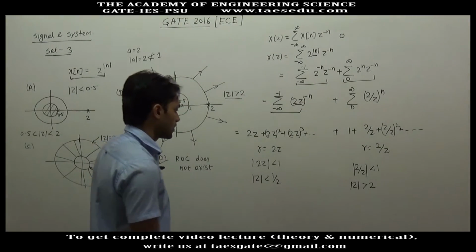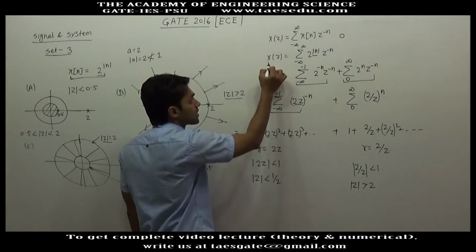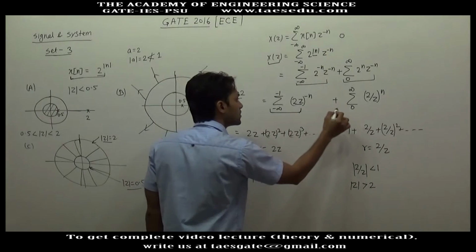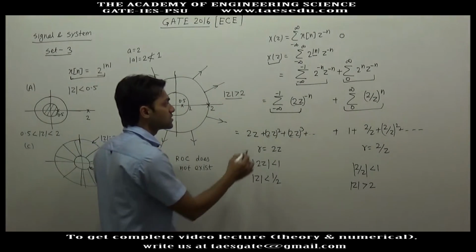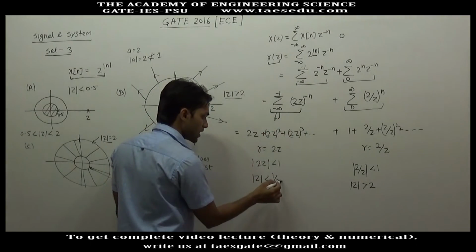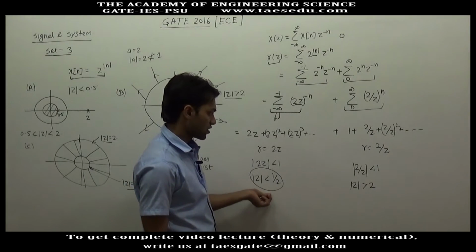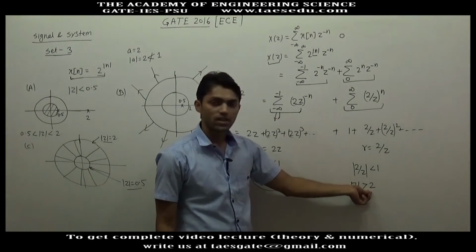For the Z transform to exist, it is necessary that both the series converge simultaneously. So for this series to converge, mod z has to be less than 1 by 2, and if mod z is less than 1 by 2, mod z cannot be greater than 2.